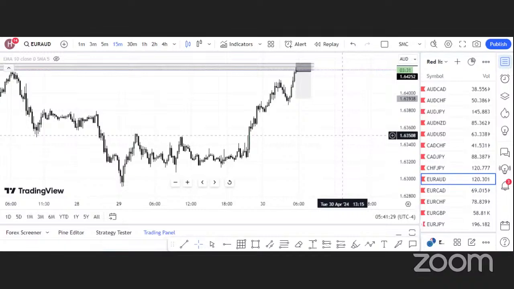Okay, so 3 minutes and a few more seconds to the end of this current candle. At the end of the candle, if we get a good sell indication, we are going to open the sell position.